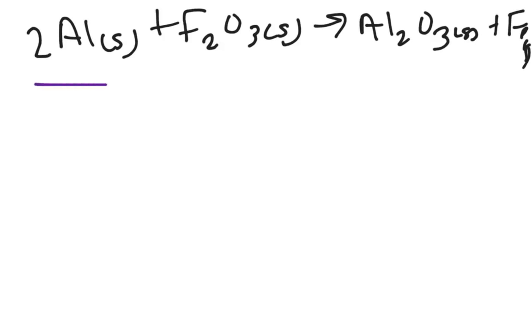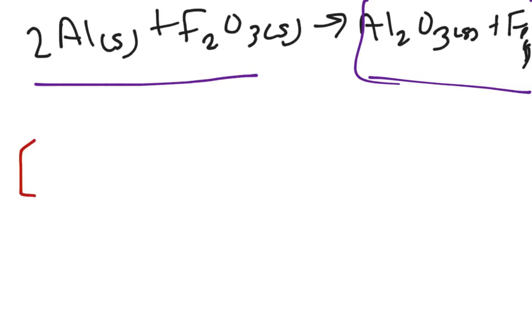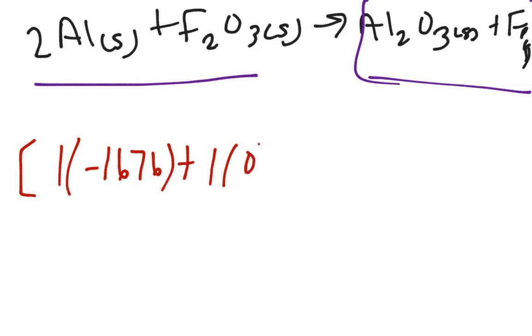First we look at our products minus reactants, the sum of those. We have 1 aluminum oxide and it has a delta H of negative 1676, plus 1 of my iron, and since that's elemental it will be 0, minus my reactants.